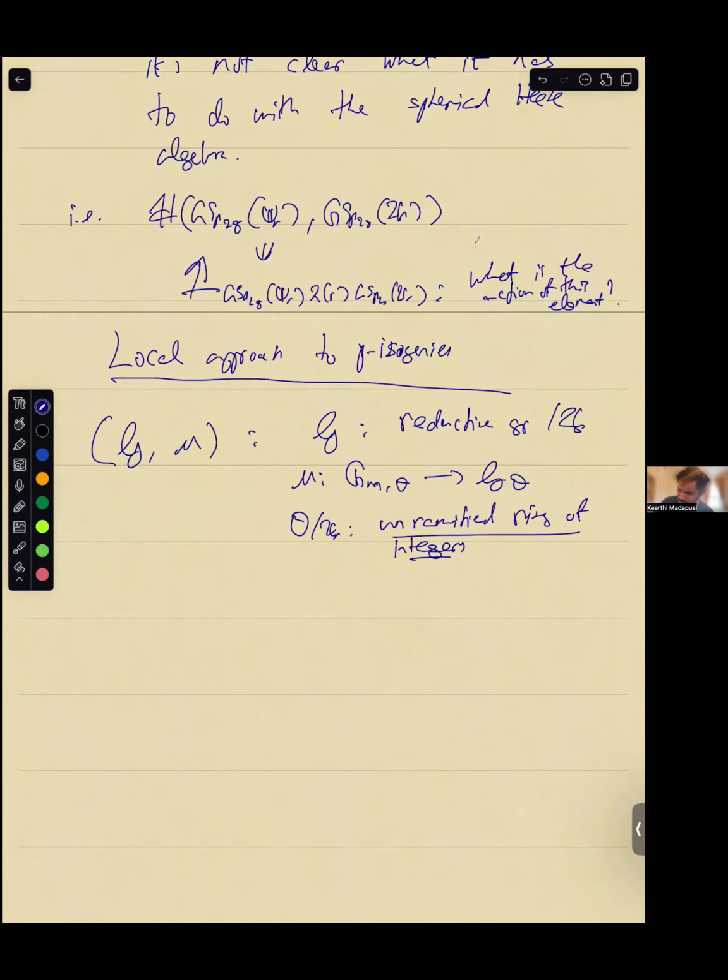And in this setting, you can define these stacks.